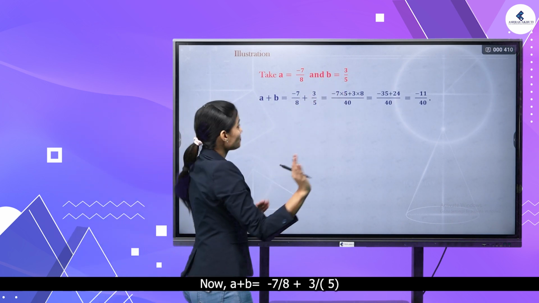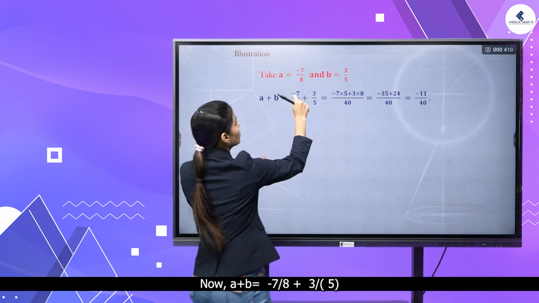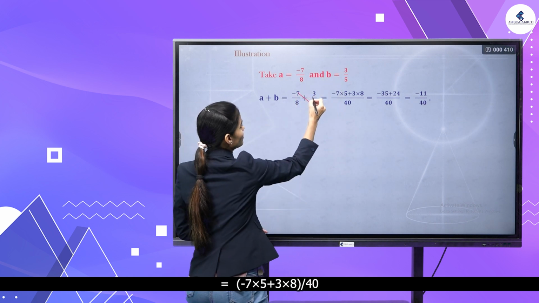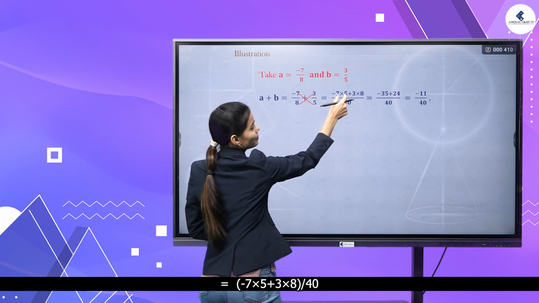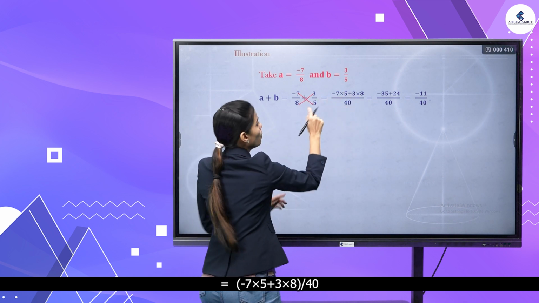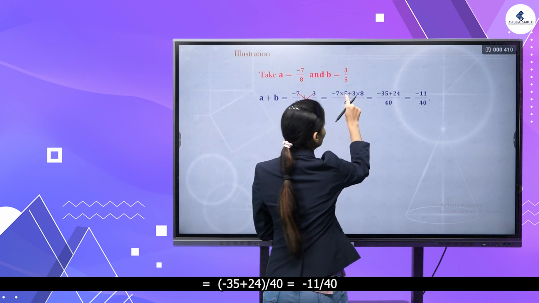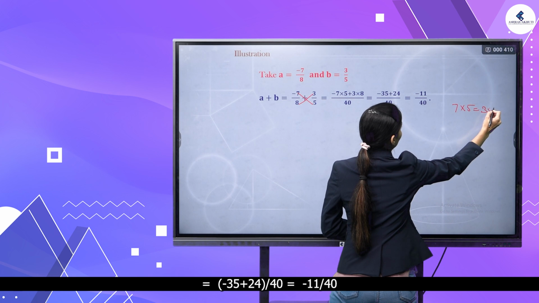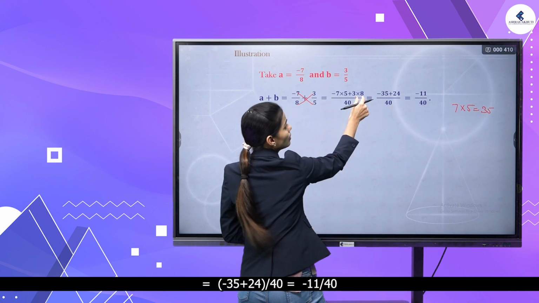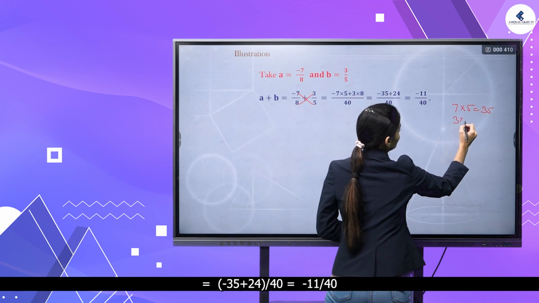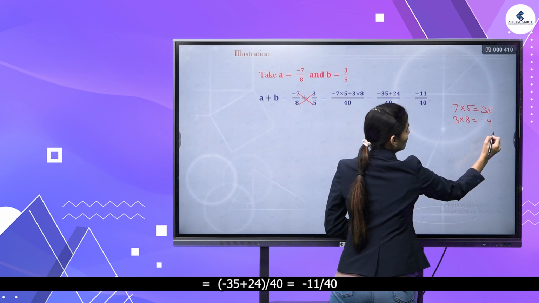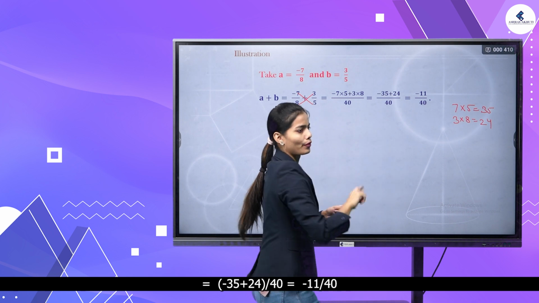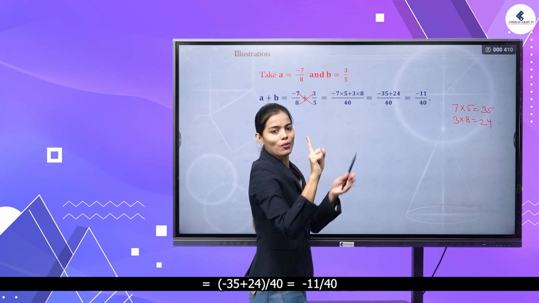Now, a plus b is equal to minus 7 by 8 plus 3 by 5, is equal to minus 7 into 5 plus 3 into 8 by 40, is equal to minus 35 plus 24 by 40, is equal to minus 11 by 40.